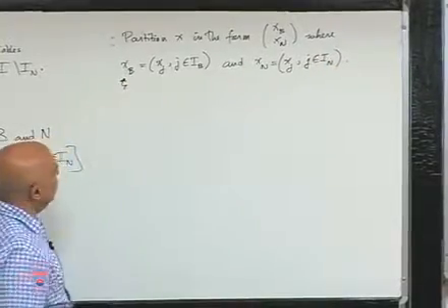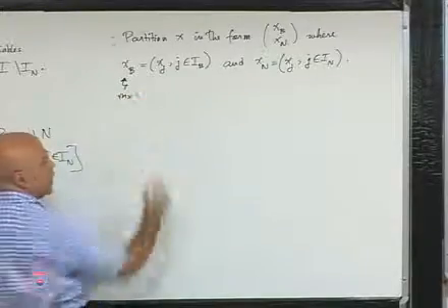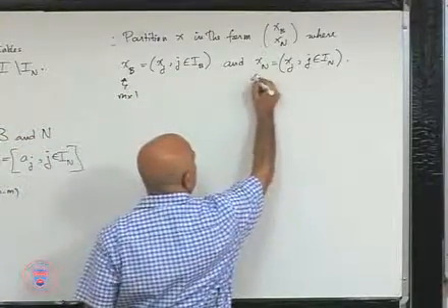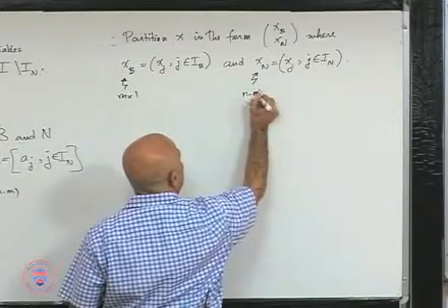It's m by 1, and this one is n minus m by 1.